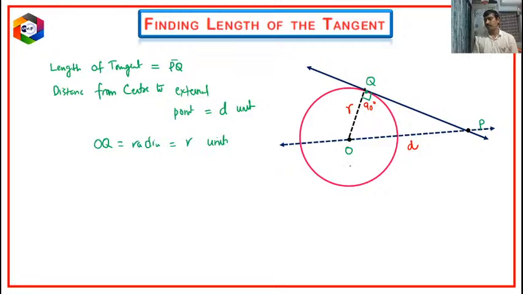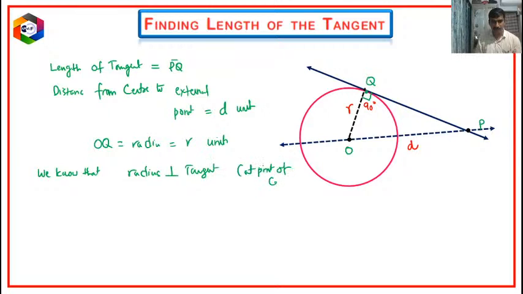Now if you can observe, we know that radius is perpendicular to tangent at point of contact. We know that at point of contact మనకి ఇప్పుడే అనుకున్నాం, రేడియస్ అనేది tangent కి ఎప్పుడు ఎలాగుంటది, పర్పెండిక్యులర్ గా ఉంటది.